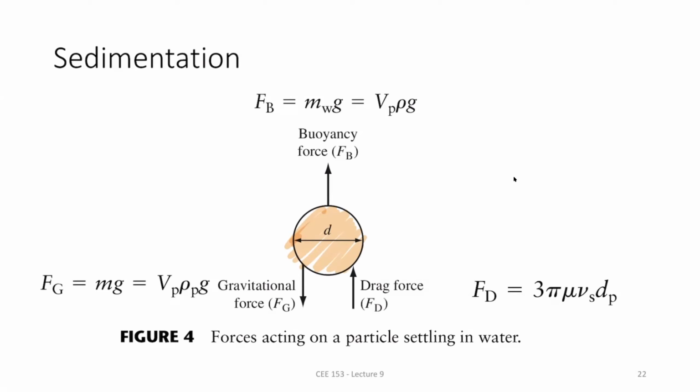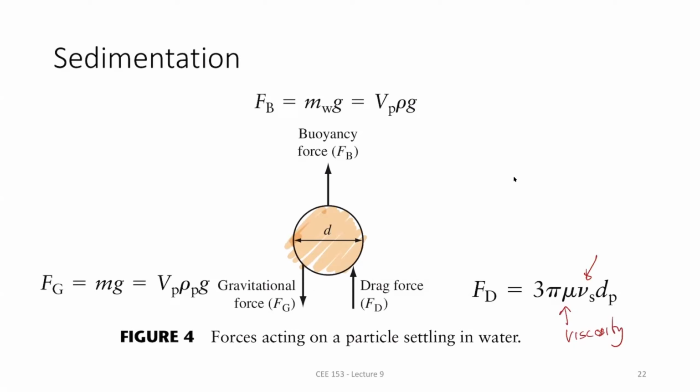So drag force depends on the velocity of the particle, or settling velocity. If you have a larger diameter, it will also have a higher drag force. It also depends on the viscosity: if you have a viscous liquid, the friction is higher. So that's the drag force.